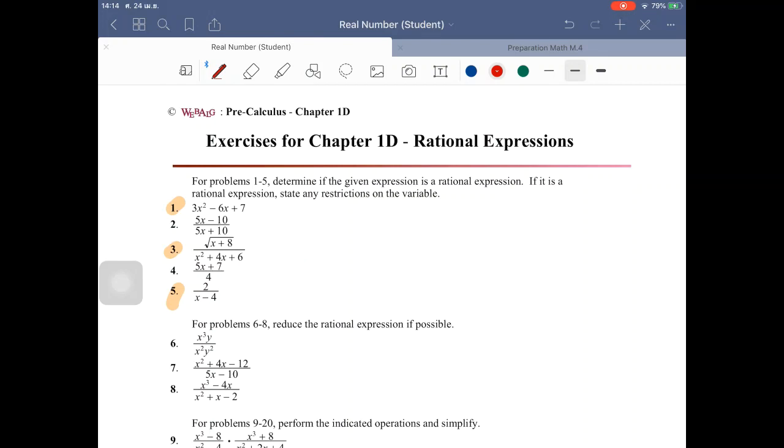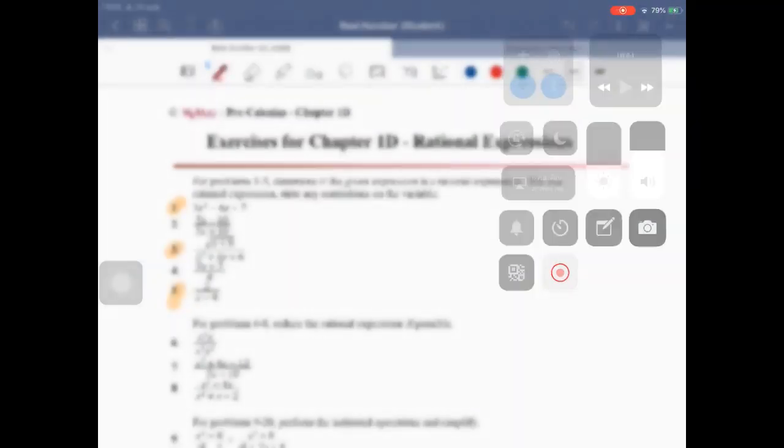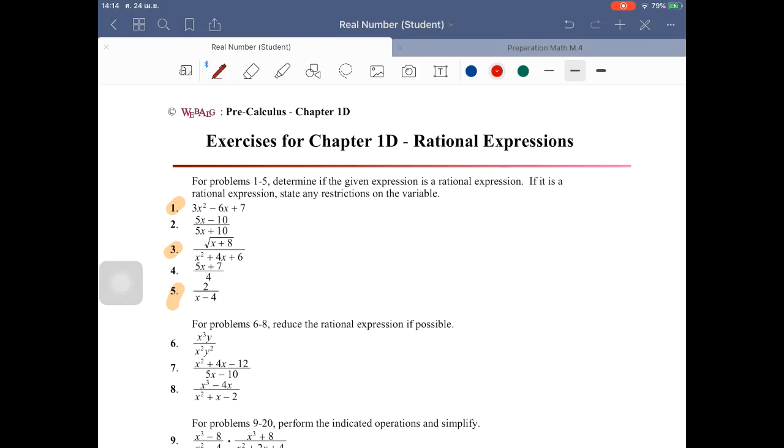Okay, question one, guys. Question one is a rational expression, but no restriction. Okay, question 3 is not rational.